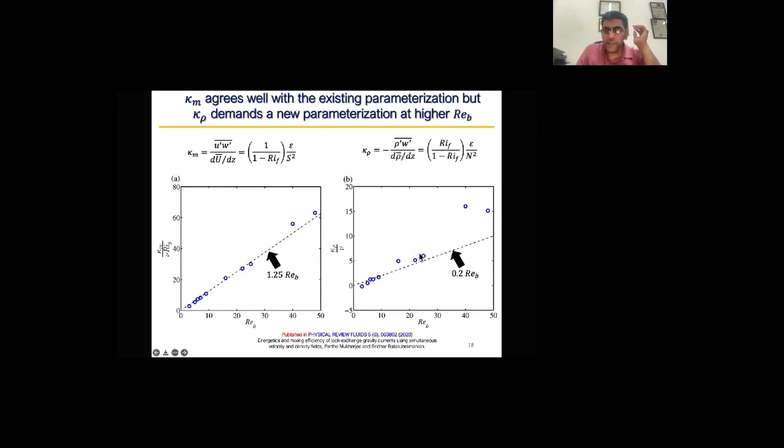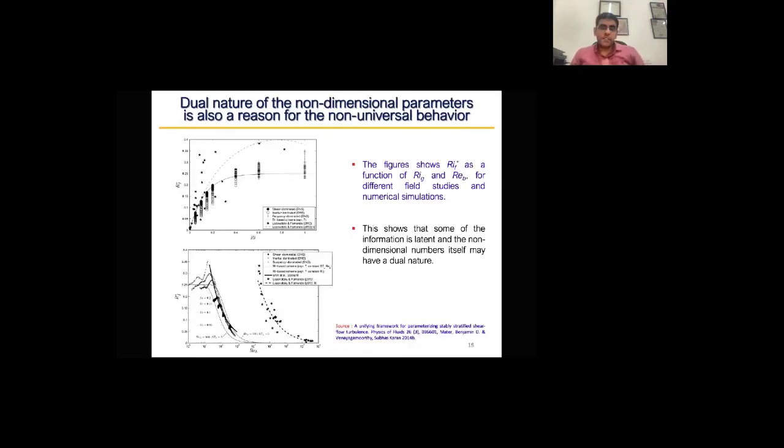It only works up to intermediate regimes of REB, and it doesn't work at higher values. So our conclusion was that there is a need to relook at the parameterizations being used in the models, especially for scalar diffusivities. So this is one issue.